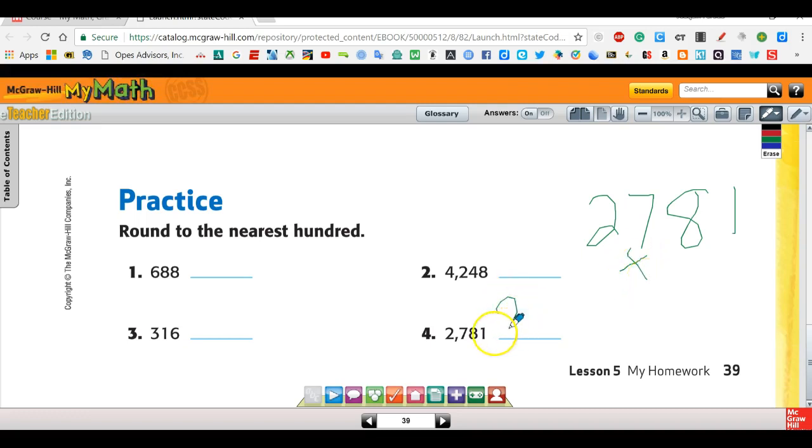No, that's 1,000. Okay, and then look at the number to the right. I like to draw the little arrow to help guide me. Okay, so what does 8 say? Add 1 to the 7 because that's in the 100th place. 1 plus 7 is 8. And replace the other 2 numbers with? 0.